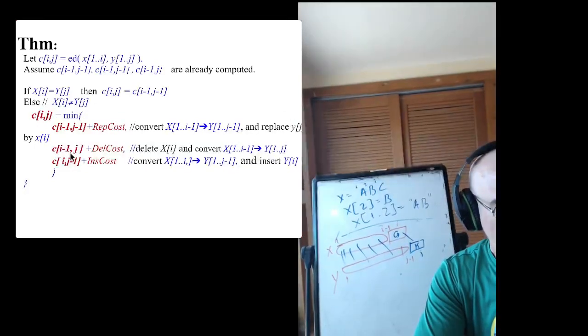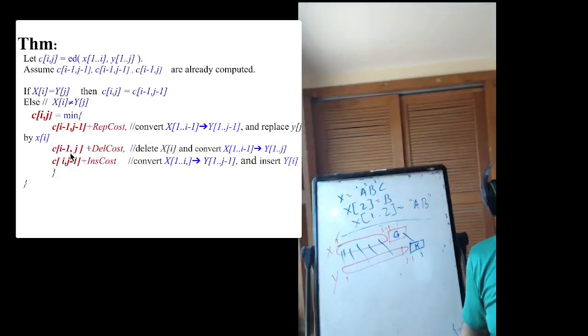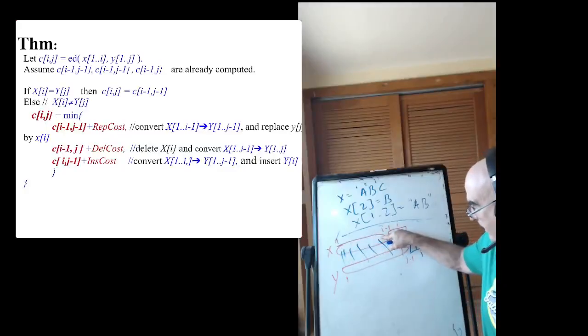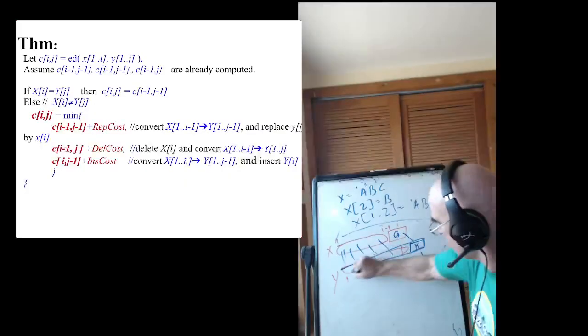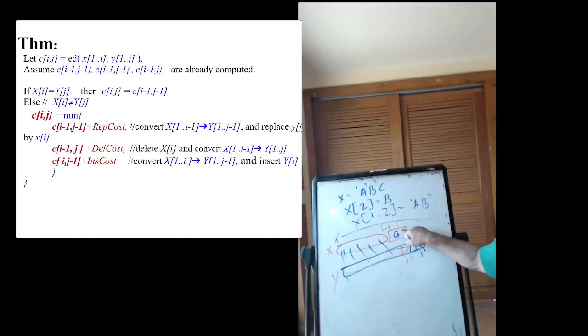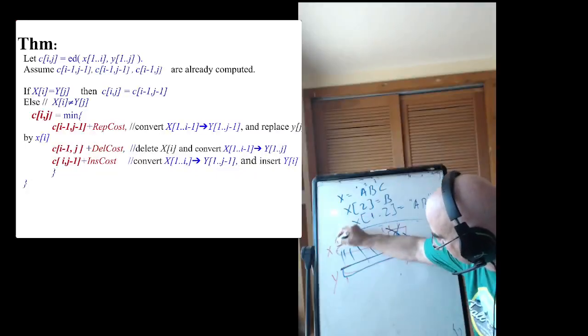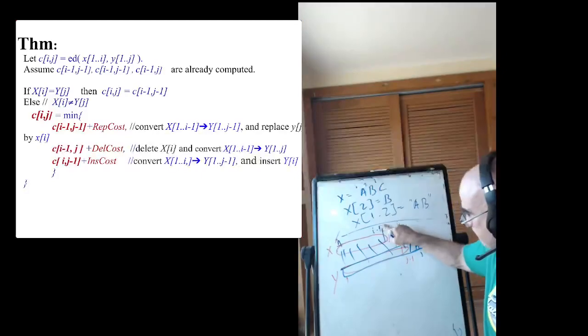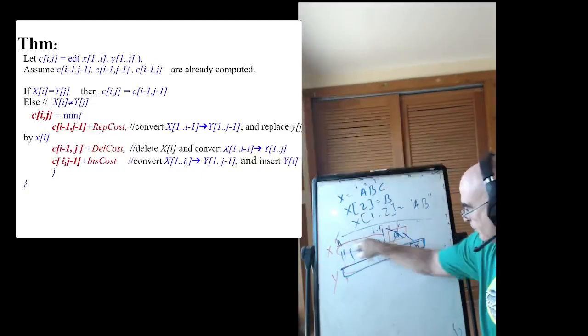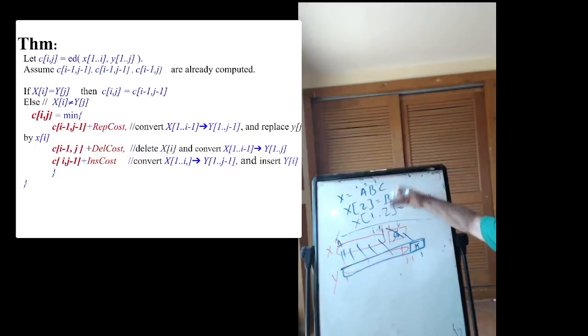Another option is to match everything in here into everything in here, including the k. And what happened to this g over here? Well, this g will have to be deleted. So I'm matching everything from character 1 all the way up to i minus 1, and the g has to be vanished.